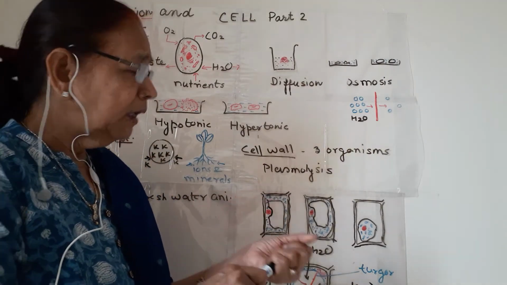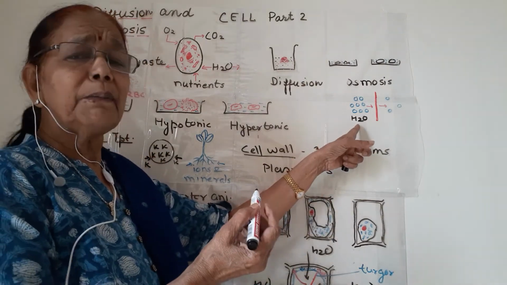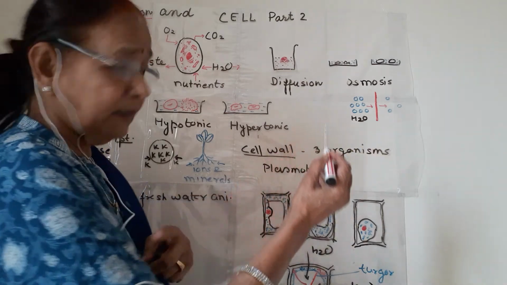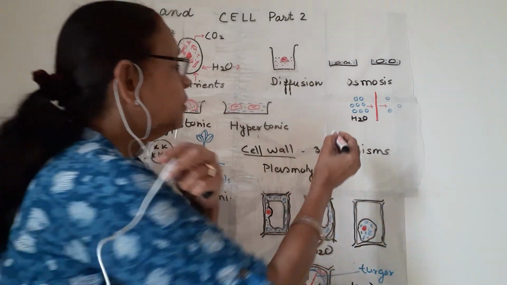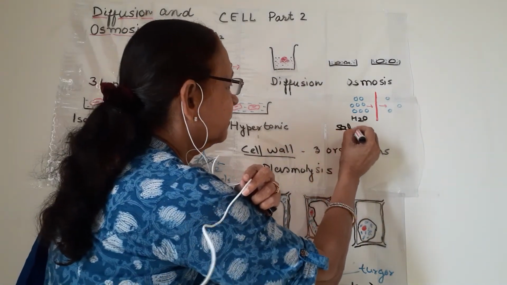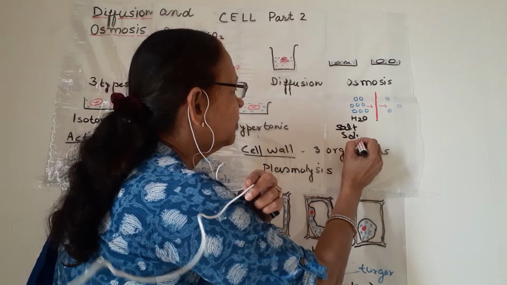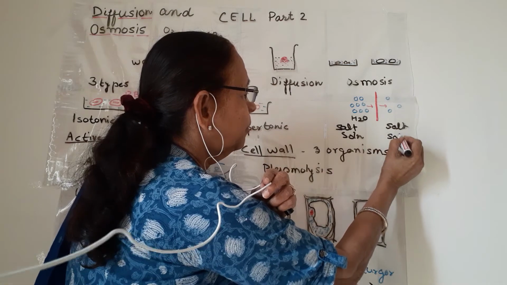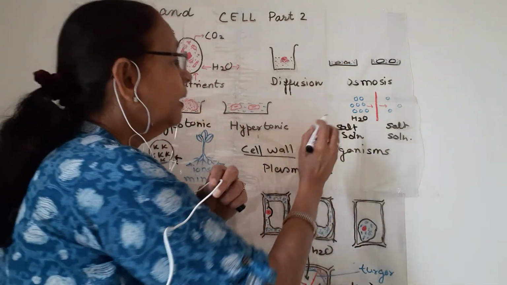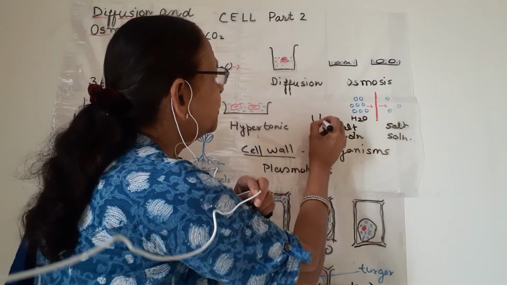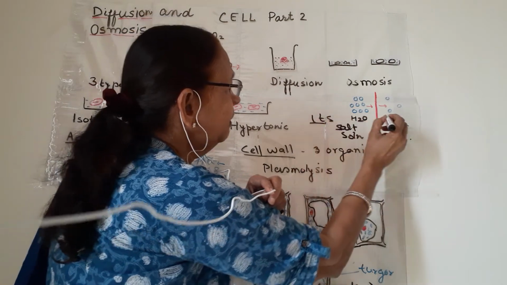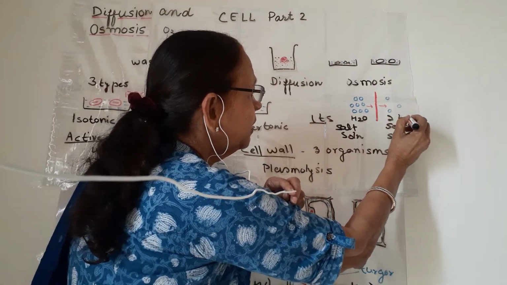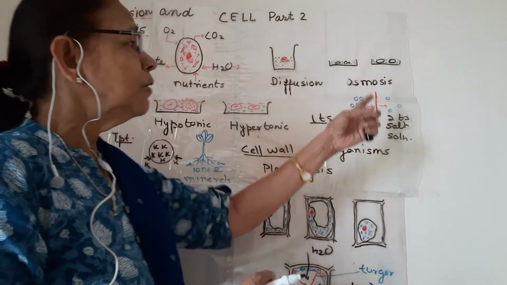One more thing, if the water particles are more here and suppose it is a salt solution. Suppose this is also a salt solution and here this is also a salt solution. So here 1 teaspoon salt will be there and here 2 teaspoons salt will be there in the solution.